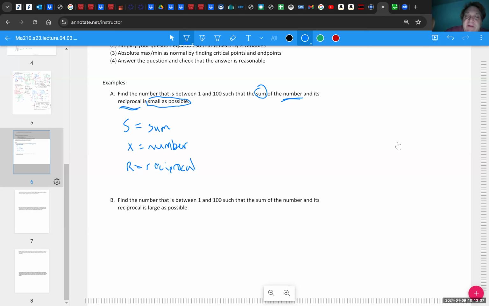All right, so we want to find the minimum S, and we need an equation for S. If we're trying to find the minimum S, of course, we have to find the equation for S. It's just the sum of the number and its reciprocal. So the number is X, and its reciprocal is R. So that's an equation for the sum, right, involving the variables that we've defined here.